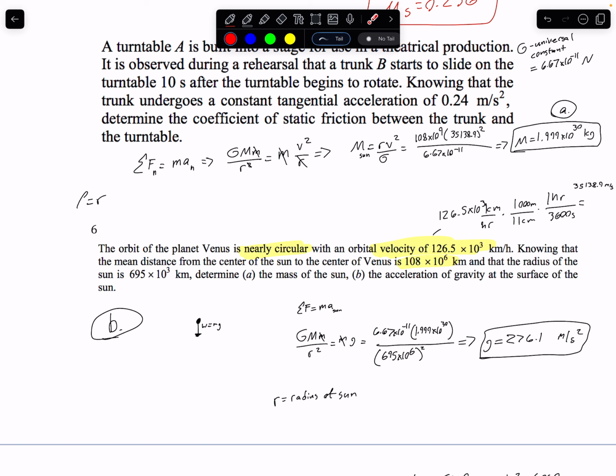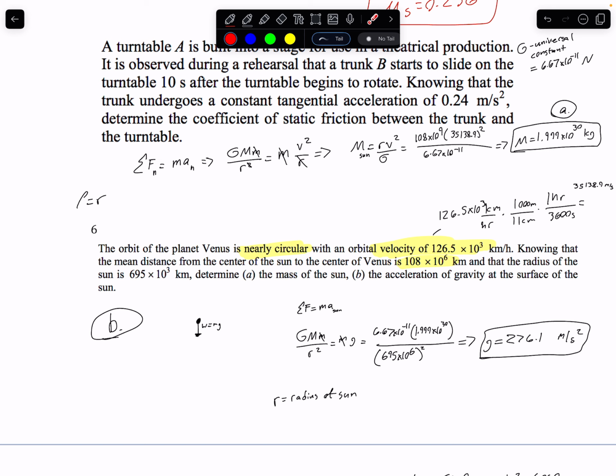And so while we're just looking for the acceleration on Venus, which we know, since it's going in a circle, all of that acceleration, we're not given any tangential acceleration, is accelerating circularly, or normally.